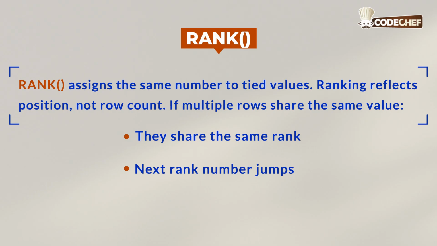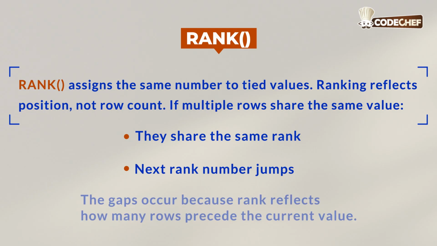Specifically, the rank function is used for tied values. That means when two values are same, then they will have the same rank, and in that case, if the rank function is giving same rank to two values, then the next rank will be skipped for the next position. The gaps occur because rank reflects how many rows precede the current value.